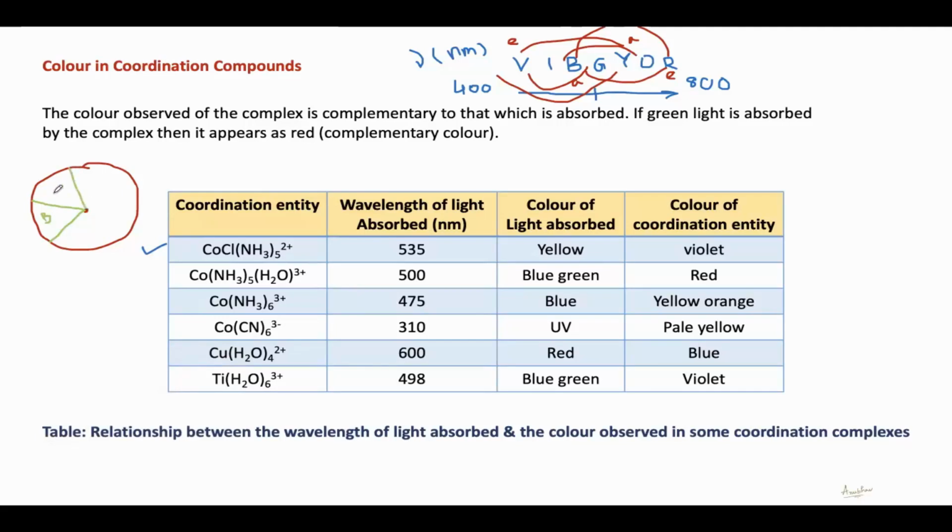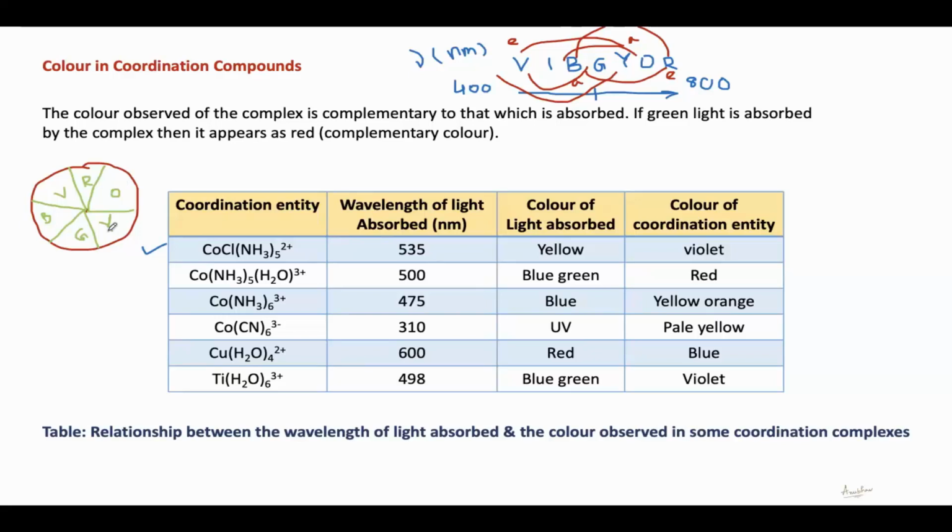This one is the violet region. This one is the red region. This one is the green region. This one is the yellow region. And this one is the orange region. So we are having this color wheel, which is the VIBGYOR color wheel.